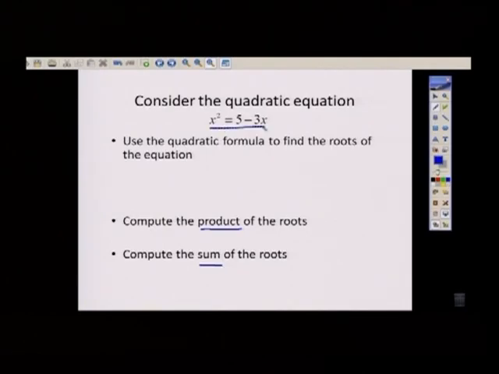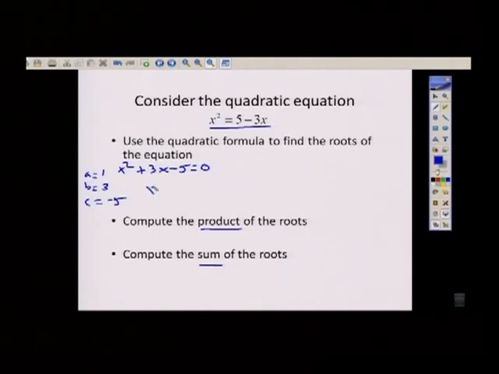Okay, so before we can do this equation in the quadratic formula, we need to make it equal to 0. So I'm going to add over the 3x and subtract the 5. Then I know my a is 1, my b is 3, and c is negative 5.